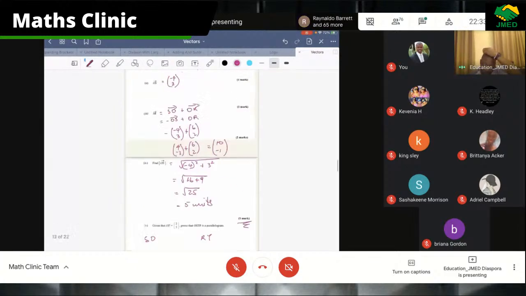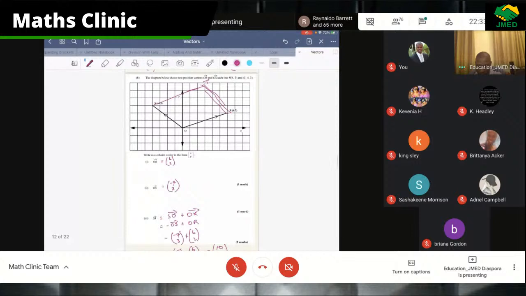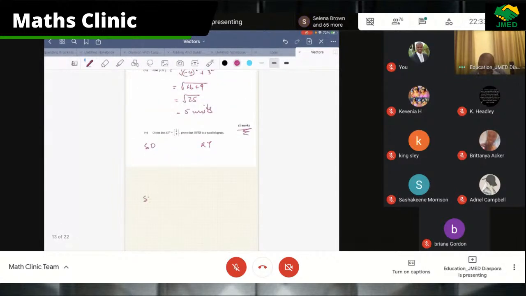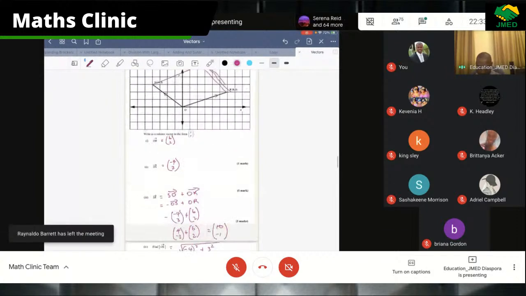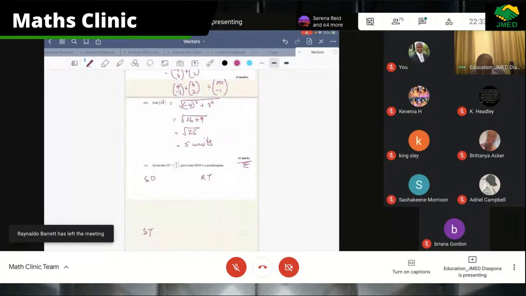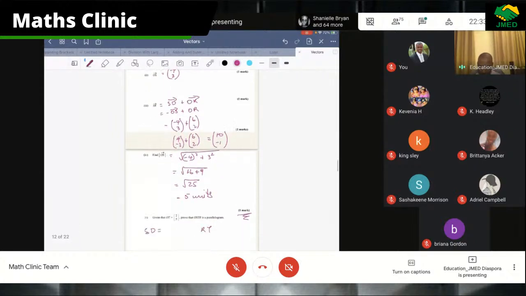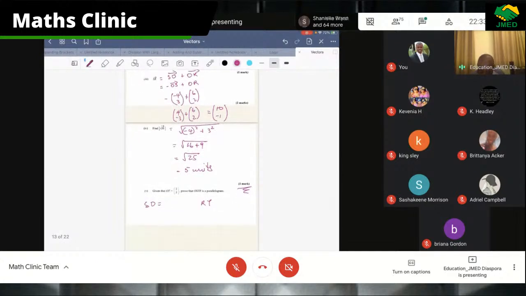And we know what OR is, so we need to find ST. SO we know. SO was given to us as 4, -3. SO is a negative of OS, which is negative of -4, 3, which is 4, -3.